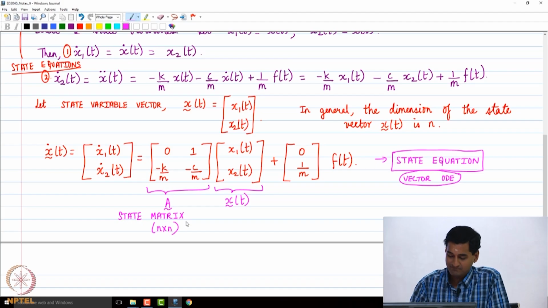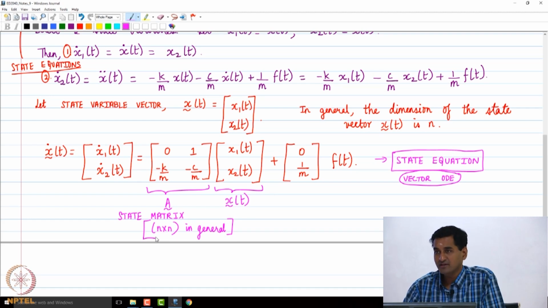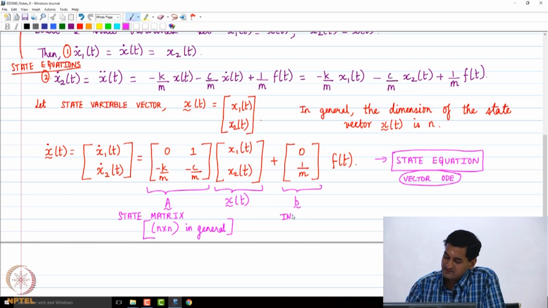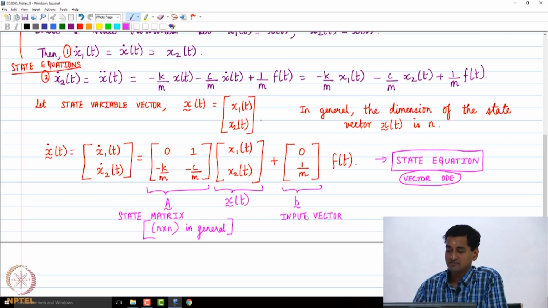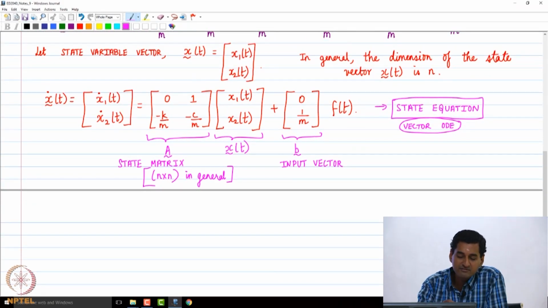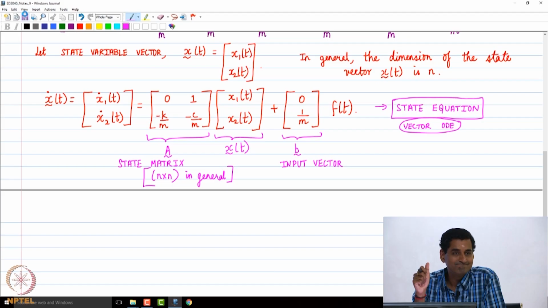For SISO systems, this vector is denoted by a vector b, which is called the input vector, denoted by lowercase b.